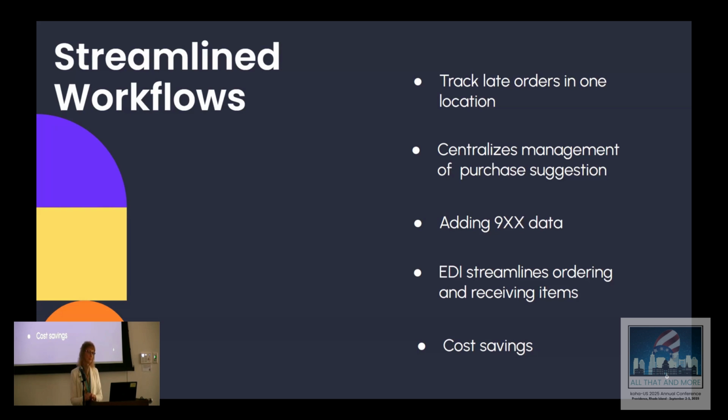It makes adding the 9XX data super easy, especially if you've got EDI order set up, and that helps super streamline things. And so I touched on the EDI. And then it's just a cost savings, because if you're not spending time on data entry, all this kind of thing, you've got time to do other things. So you can save money that way.